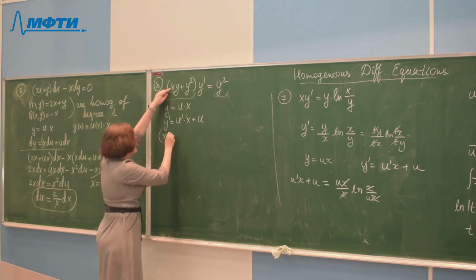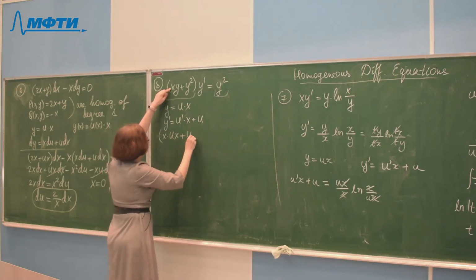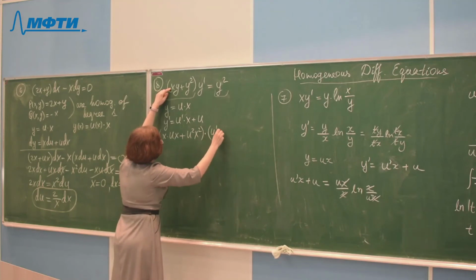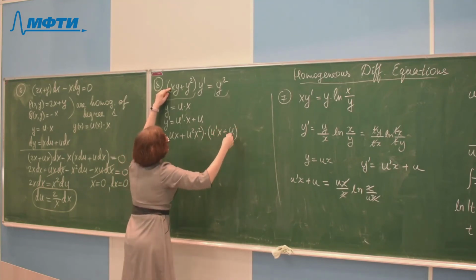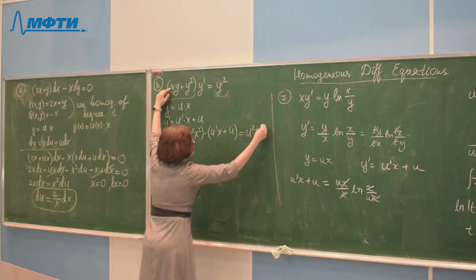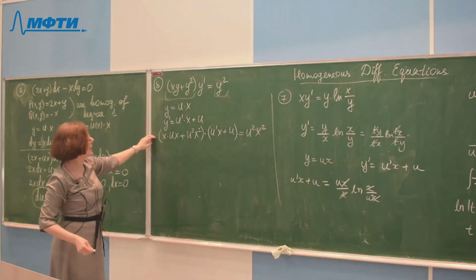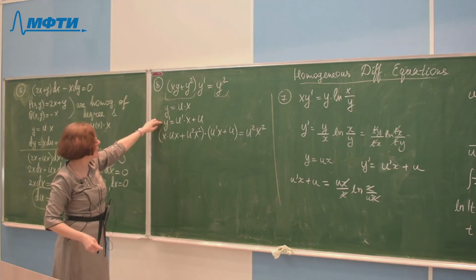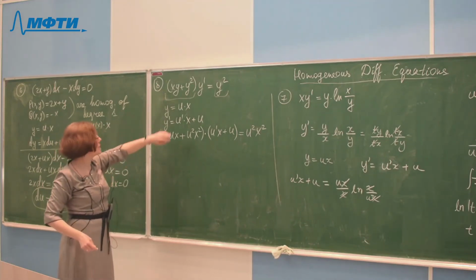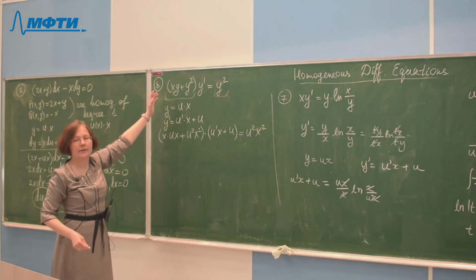So it is x times ux plus u squared x squared times u prime x plus u equals u squared x squared. So is it clear? Make a substitution, differentiate, and substitute ux for y.